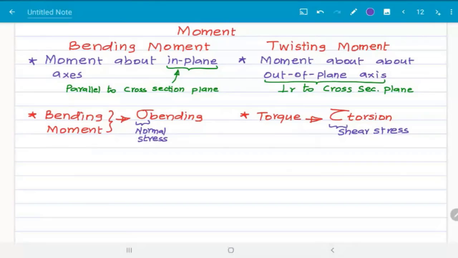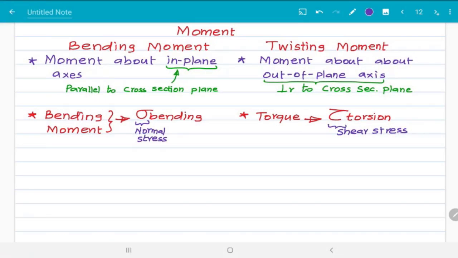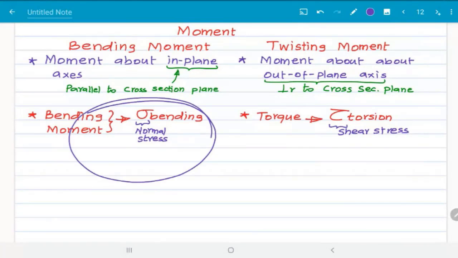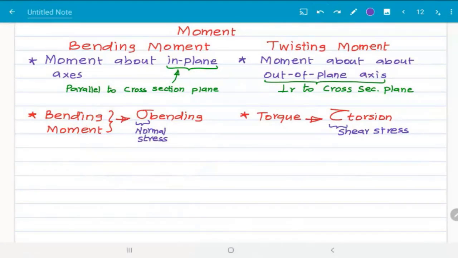Normal stress, shear stress. Okay, right. Sir, both are stresses, but their effects are completely different. Normal stresses are very dangerous in brittle material.